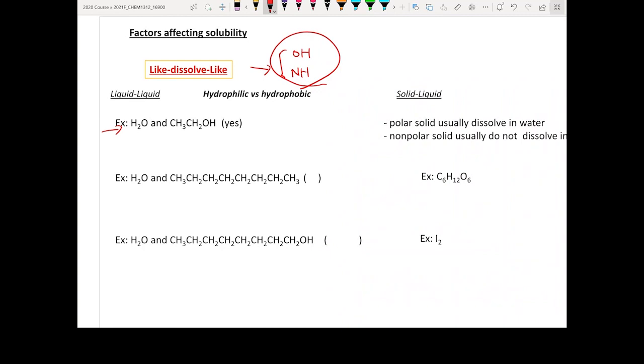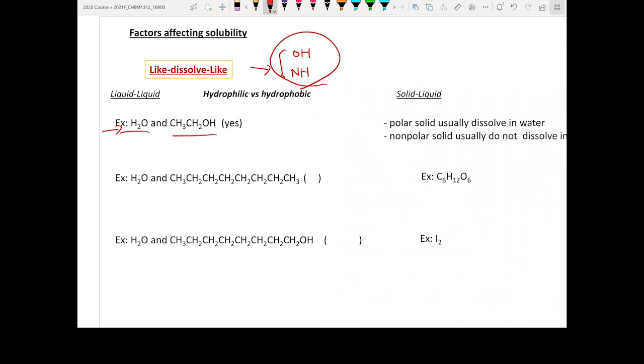But from the chemical formula, at least you can see there's oxygen over there. When you have this OH or NH functional group inside your chemical formula, it is an indication that it can form hydrogen bonds. That means both of these molecules are hydrophilic. Does anyone have a problem with the terms hydrophilic and hydrophobic?